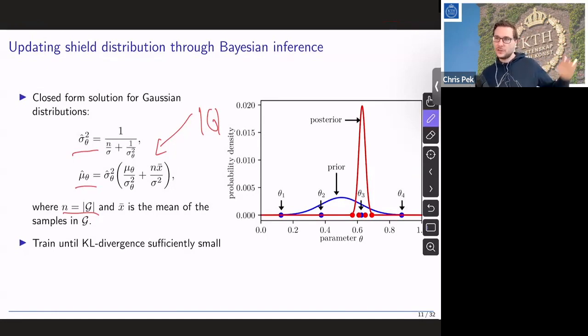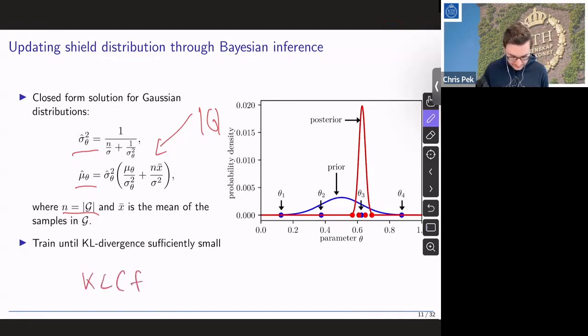And we have learned in other lectures a very nice measure for that, the KL divergence. So if we compute the KL divergence between these two parameter distributions, the human one as well as the true estimate of the shield parameter, if it's sufficiently small, we can say we converge to a consensus where the human does not want to change our parameter anymore.